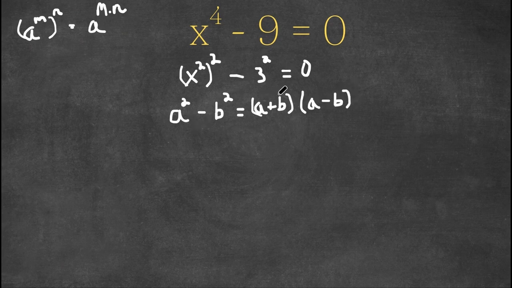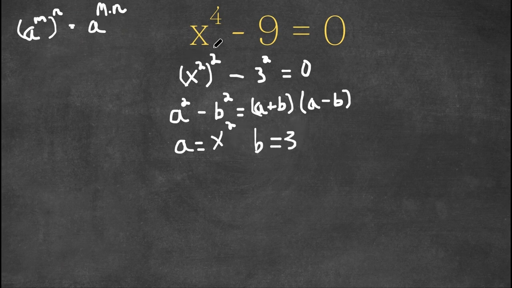As you can see, what I've done is changed this equation to match up with a squared minus b squared. In this case, a is equal to x squared, and b is equal to 3.